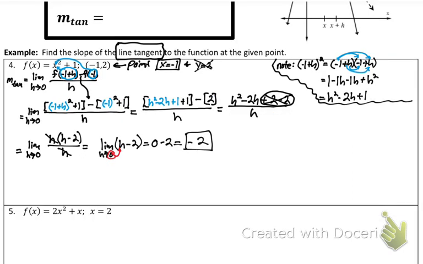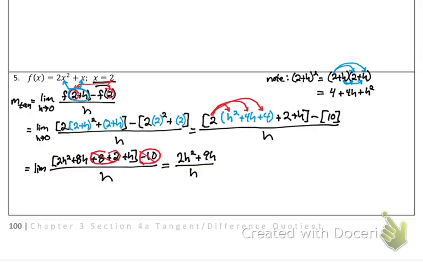Now, if you remember from our last problem, I factored out an h, so I could divide it out. Another way we can do that is we can actually see that h goes into both of these. And so instead of 2h squared, we're going to have our limit as h goes to 0, not x, of 2h.